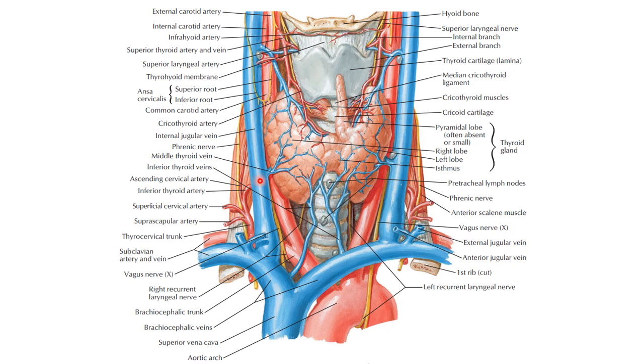The next pedicle would be your inferior pedicle, which is made up of an inferior thyroid vein, okay, and posteriorly an inferior thyroid artery. The inferior thyroid vein drains into the brachiocephalic vein, which is this one, and the inferior thyroid artery comes from the thyrocervical trunk of the subclavian artery.